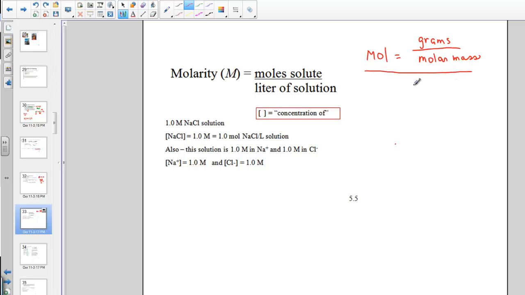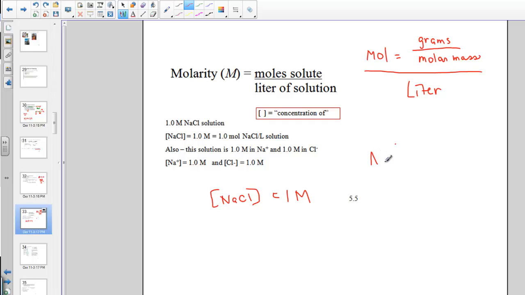Taking that mole per liter of solution gets us this concentration unit known as molarity, capital M. So if I see this bracket of sodium chloride, it's representing a saltwater solution. It would tell me that if I had 1 molar sodium chloride, I would have exactly 1 mole of salt dissolved in a liter of solution.